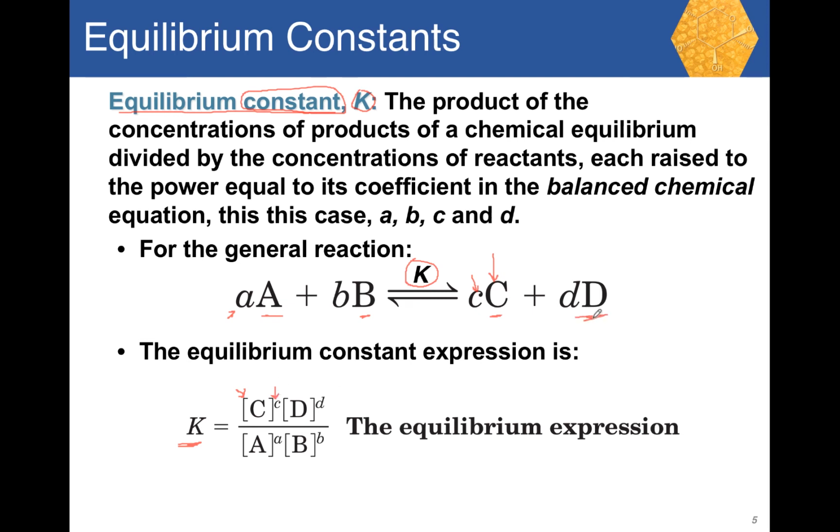The other product molecule, D, its concentration raised to the power of its coefficient in the balanced equation. And that's all divided by the concentration of reactant A raised to coefficient a, times the concentration of reactant B raised to coefficient b.